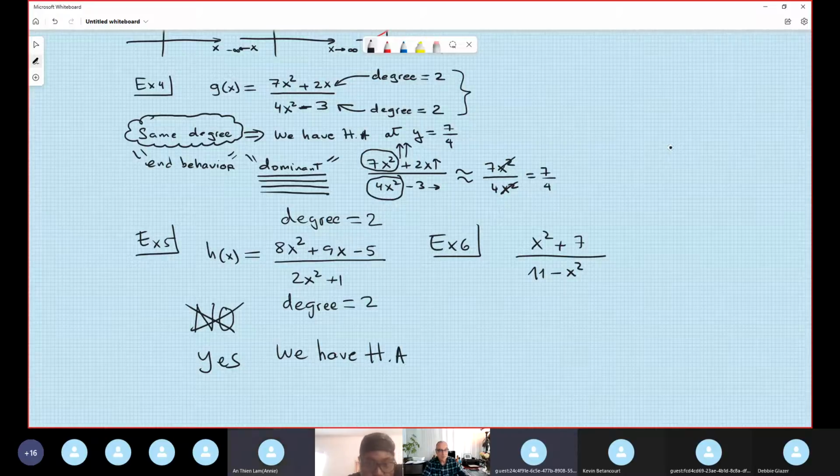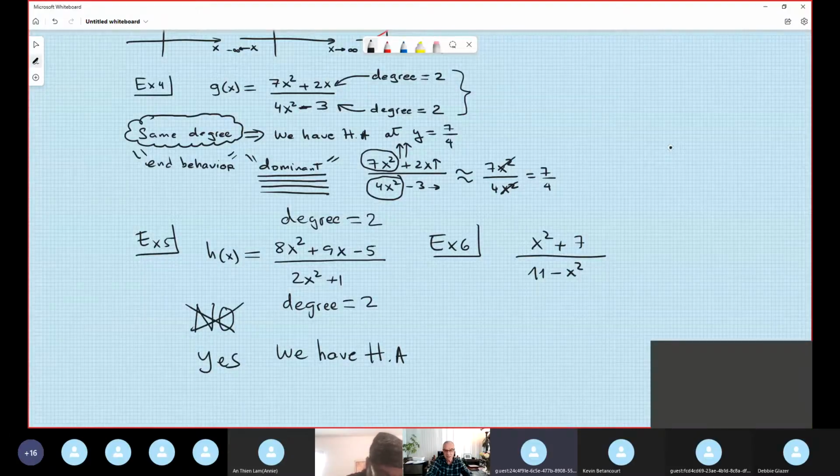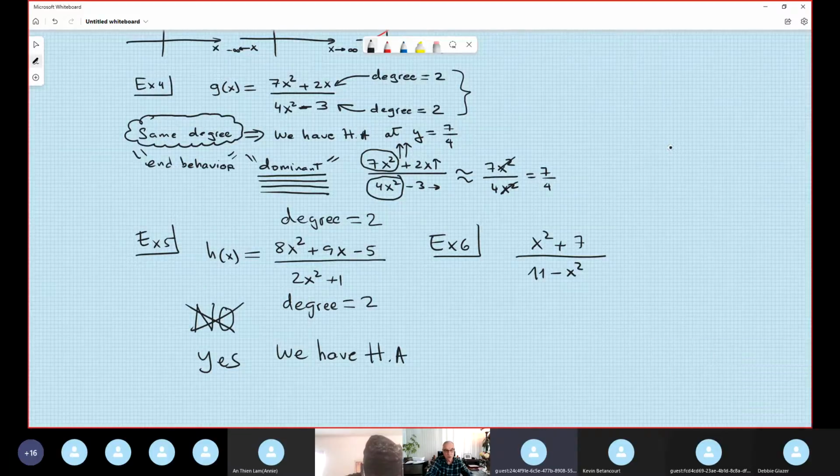Got it? Okay, this is not too easy. I try to explain step by step. I agree. Okay, Victor, slow down. So to determine if we have or no horizontal asymptote, you determine the degree of the polynomial in the top, determine the degree of the polynomial in the bottom.